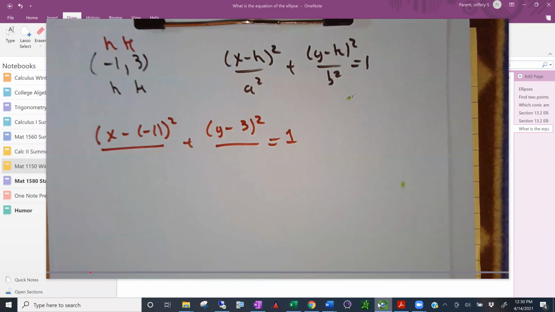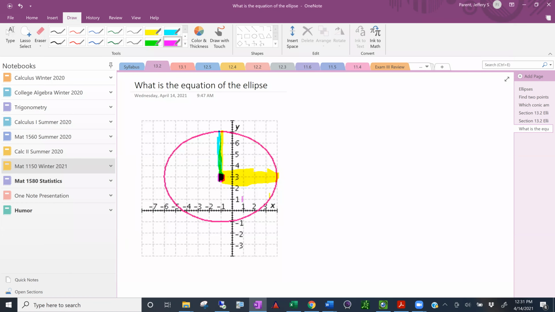We've just got to determine a couple denominators next. So what would those be? Well, let's look at the distance from the center to the vertex in the x direction. How far between these 2 points? Between this one and this one on the edge of the ellipse.